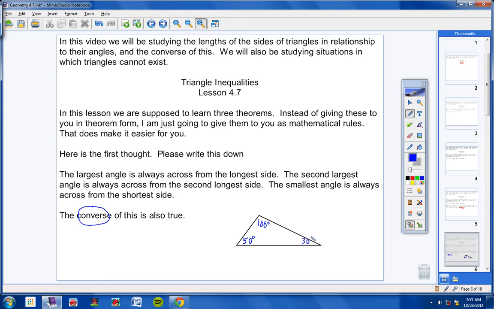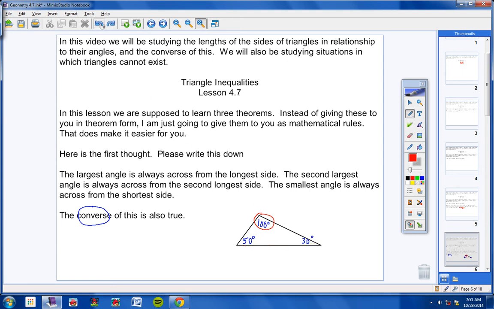Now, I can tell you what the longest side is, even though I don't know the lengths of any of the sides. Go to the biggest angle, 100, and go straight across. This is your longest side because it's across from the biggest angle.